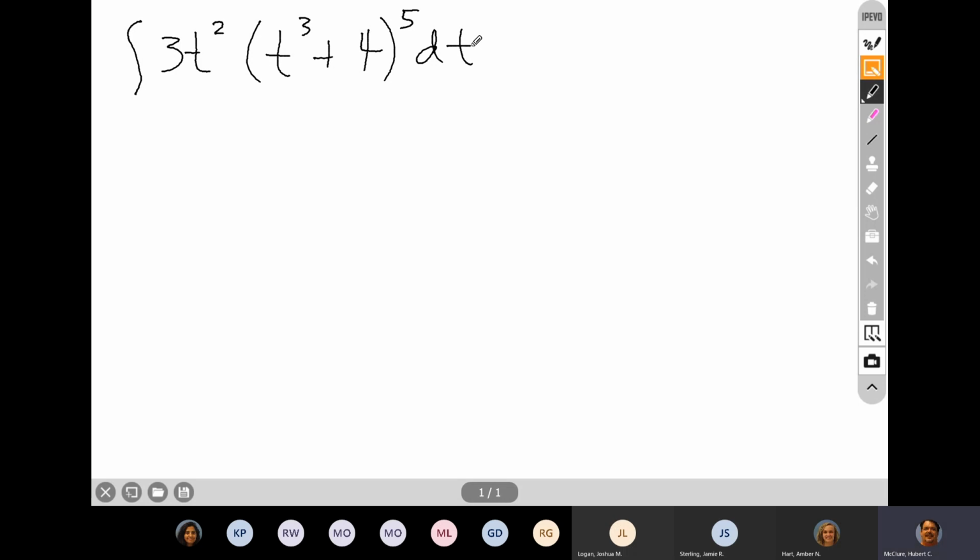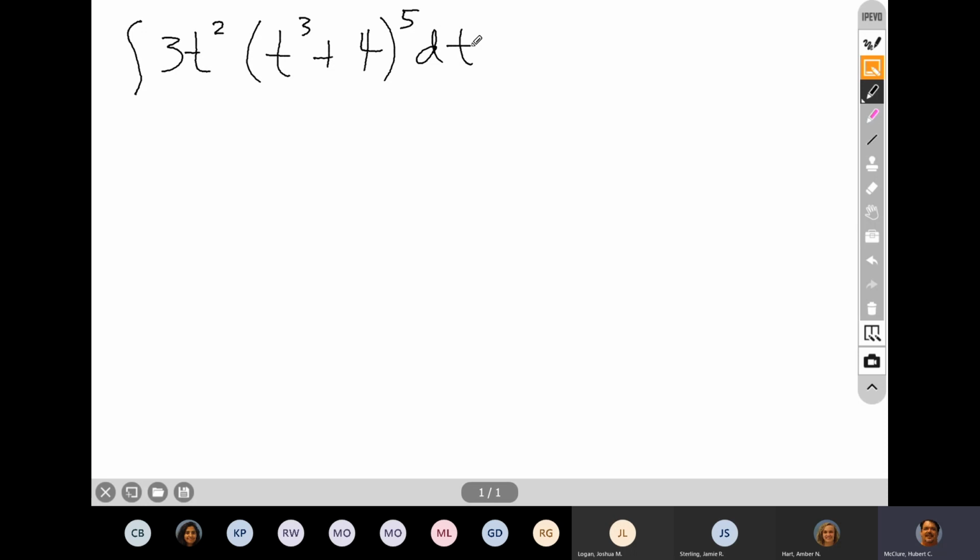Okay, now before you get started, I want somebody to tell me, what is the indicator that you have to use substitution on this and not algebra? Because it doesn't look fun to do. Because of the 5th power, exactly. The 5th power tells you there ain't no way. So you're going to use substitution, and you're probably going to let whatever's in the parentheses equal u.